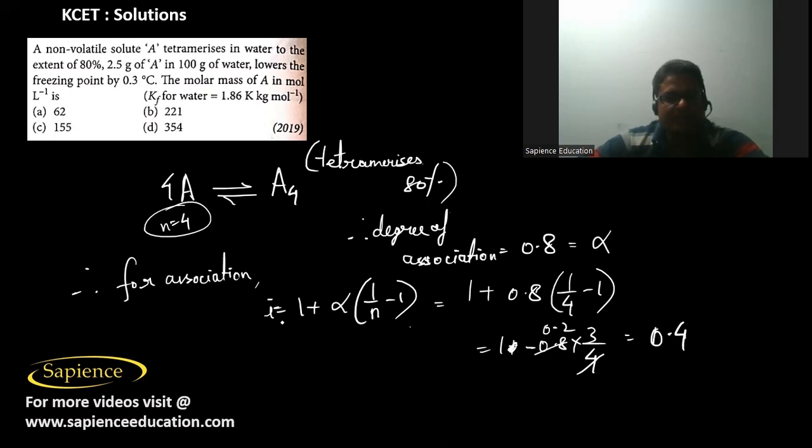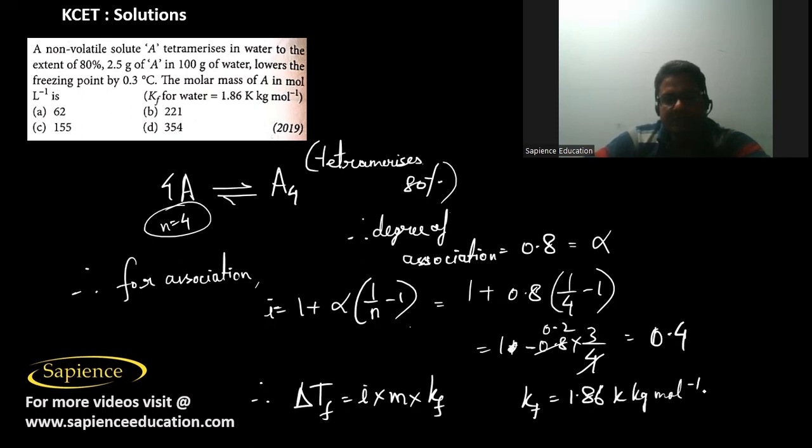Now it is told that 2.5 gram of A is used in 100 gram of water, and it lowers the freezing point by 0.3 degrees Celsius. As we know, the depression in freezing point delta Tf equals i into m into Kf. Kf value for water is given as 1.86 Kelvin kg per mole, and the Van 't Hoff factor is 0.4.